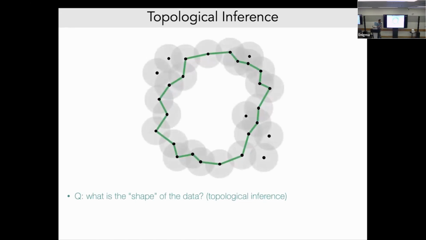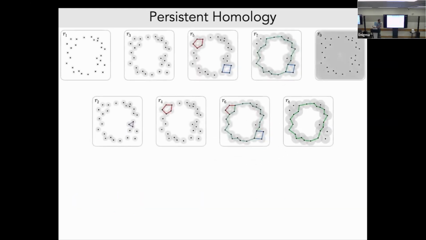And then, okay, you can cover it with balls, you can build the Čech or the Rips complex that I presented before, and that gives you a hint that there's one hole here, one component, which is what you would imagine. The main problem is that there is a parameter here, and different choices of the parameter will give you different answers.